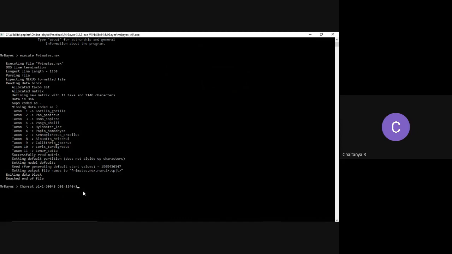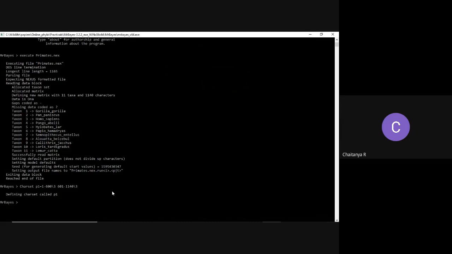Now, where would we have got this information to say that codon position 1 from both genes should be allocated to partition 1? Can anyone unmute and tell me? Partition Finder. Exactly. So you get this information from PartitionFinder. That is why we are grouping codon position 1 from both genes into partition 1. And then I press enter, and it says something like defining char set called P1.